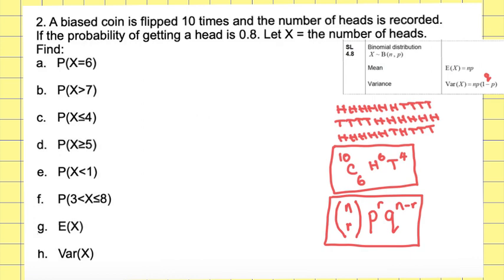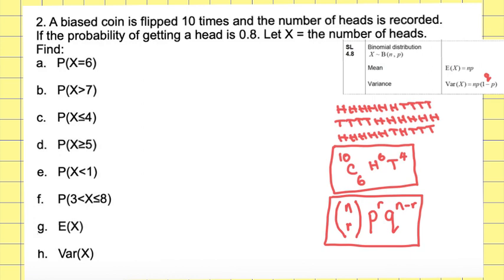We will go through each one separately on the calculator so you know how to input your data. For each of these questions, as we go through it, I will write down underneath whether you need to use binomial PDF, which is for single values, or CDF, which is for a range of values.